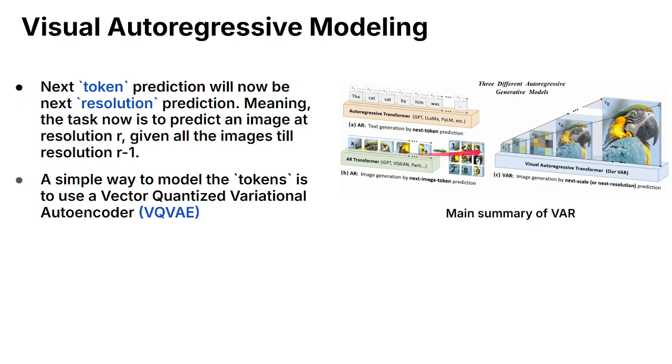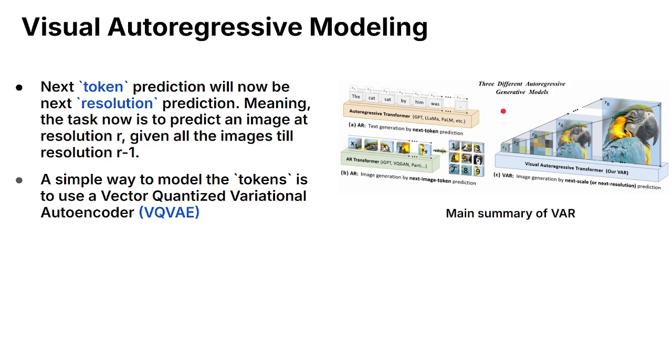So we can see that they have given us this very interesting intuition that if we use prediction of resolution instead of tokens, then that one dimensional causality actually makes sense instead of whatever this is.